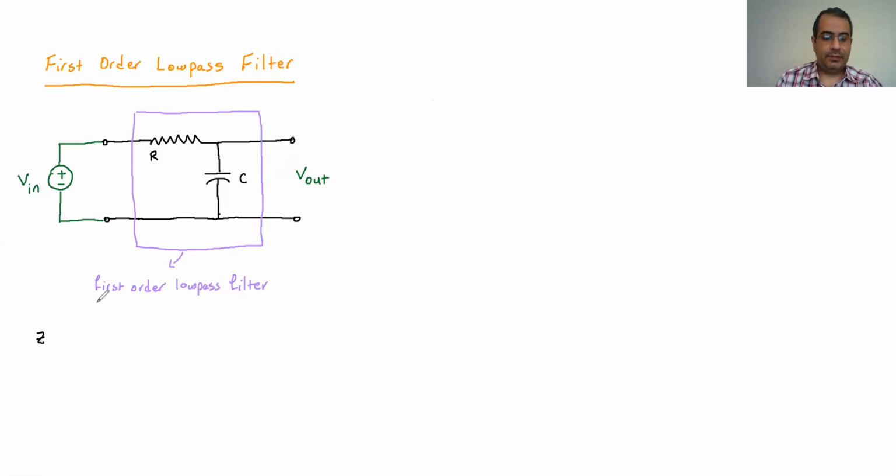So I have the R, I have the C. So let me write here, the equivalent impedance for this RC circuit is the impedance of the R plus the impedance of the C, because they are in series. The R and C are in series, so we just add their impedance together. And we know that the impedance of the R is simply R, and the impedance of the C, we know that is negative J divided by omega C.